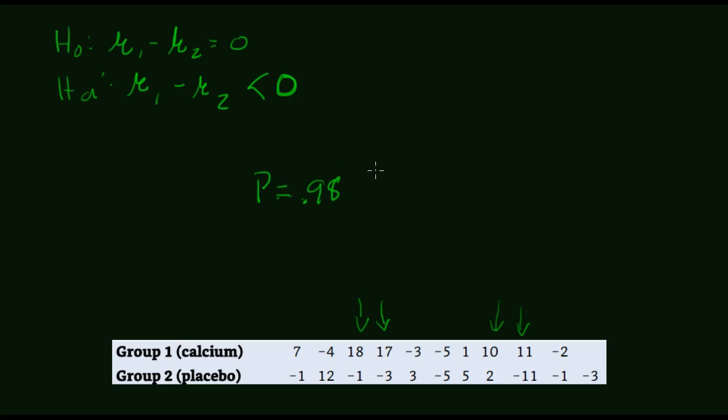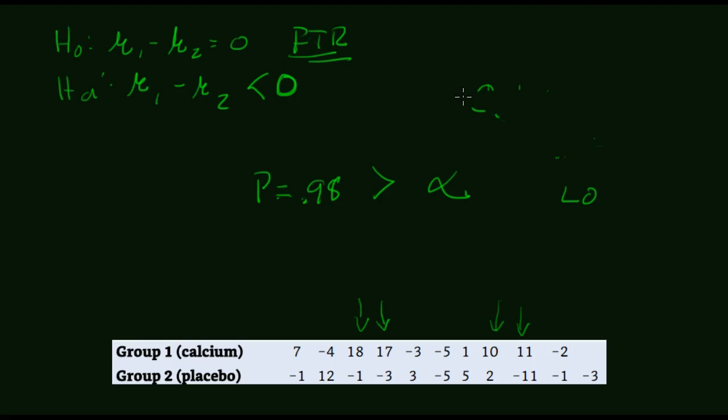Which is way bigger than any alpha I should imagine, so I should be failing to reject my H null here, right? Which means that it is pretty clear that the calcium supplement is not lowering, well, I shouldn't say that, because it could be.